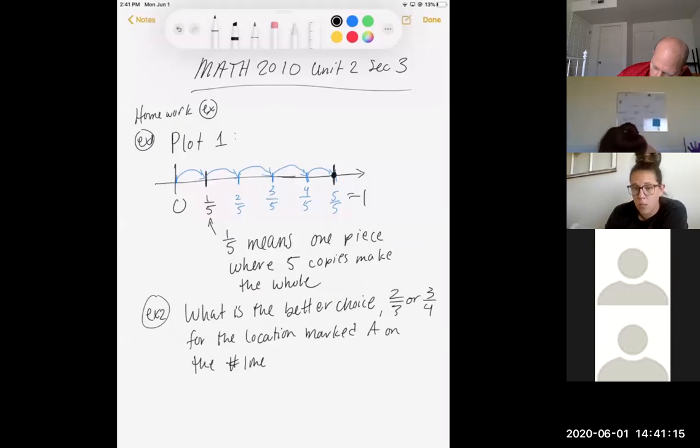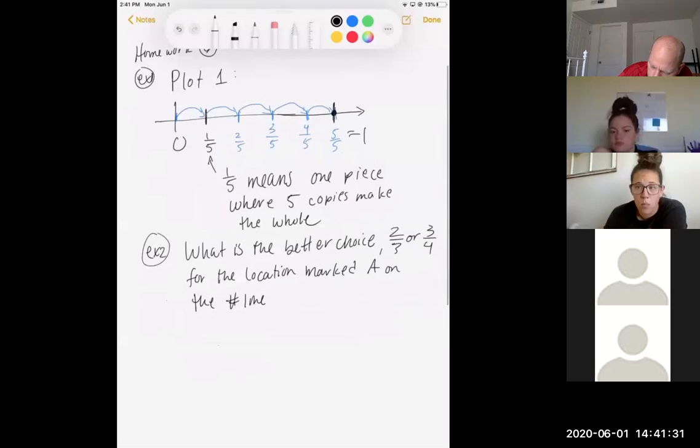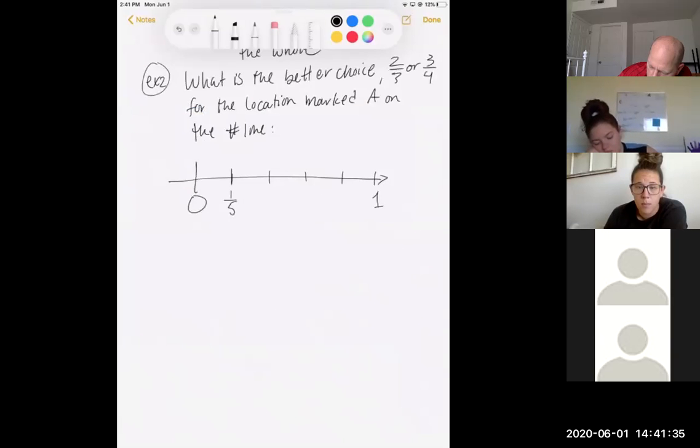Okay, on this following number line, you can do fifths again. And there's 1. Here's A.